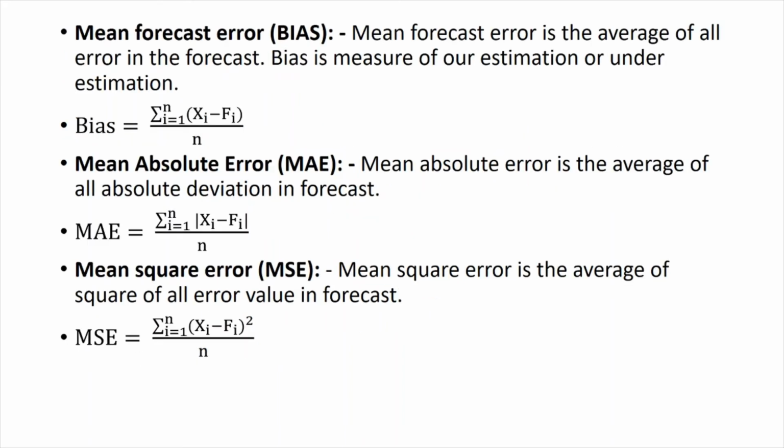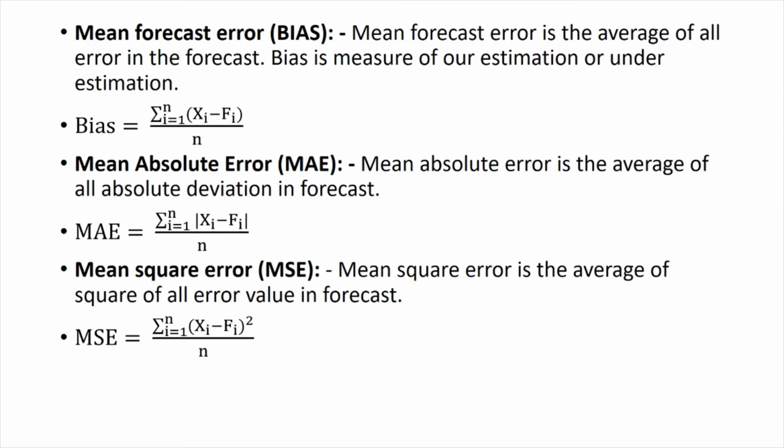There are many types of forecast error. First, mean forecast error. Mean forecast error is the average of all errors in forecast. Bias is a measure of overestimation and underestimation. Bias is also another name for mean forecast error. So here is the formula of mean forecast error.